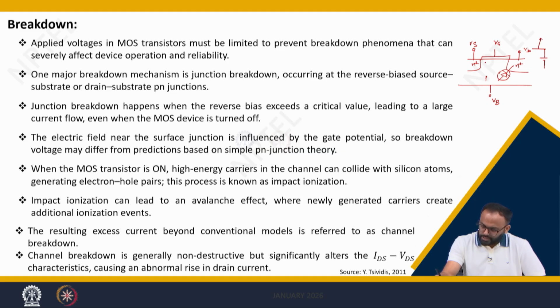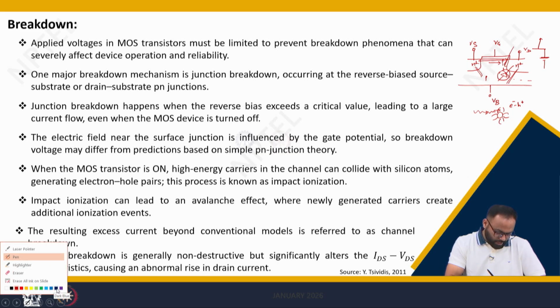Because of the increase in VDS, the carriers will move from source to drain, and because of this, a depletion region occurs near the drain-substrate junction or the source-substrate junction. In this depletion region, high energetic carriers get accelerated and cause impact ionization. These high energy electrons interact with the silicon atoms and create electron-hole pairs. As the drain is connected to the positive side, the electrons will go this side.